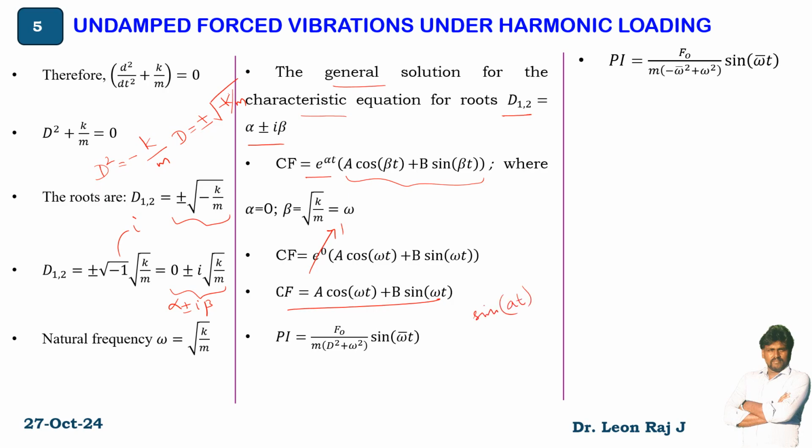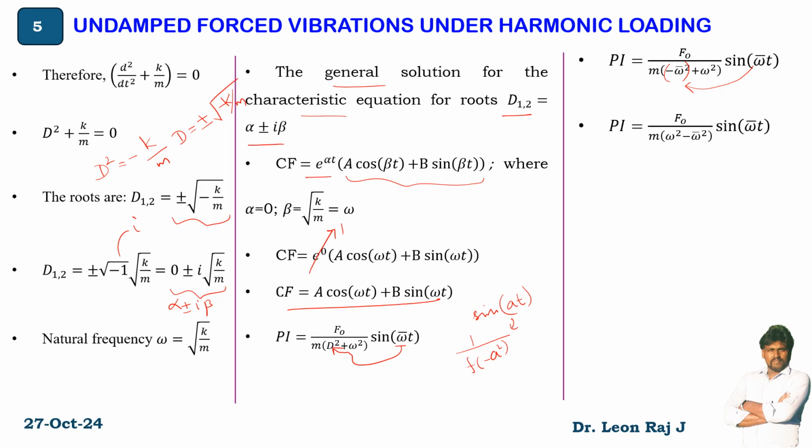If this is the case, d square can be replaced by minus a square. Here the a is nothing but omega bar, so this d square should be replaced with minus omega bar square.